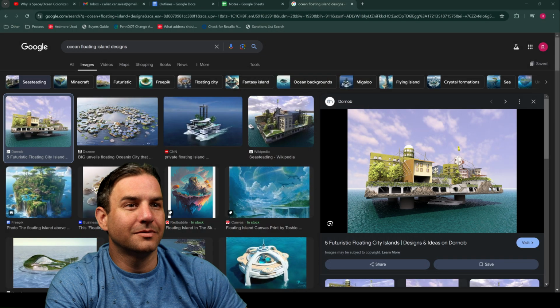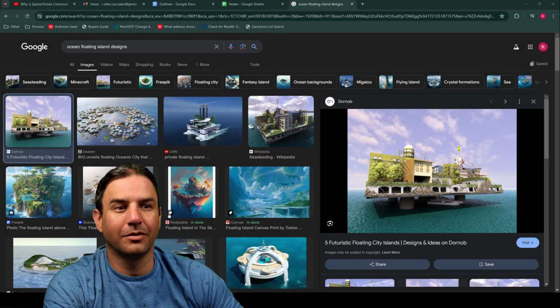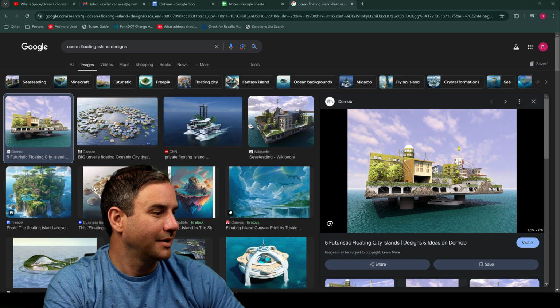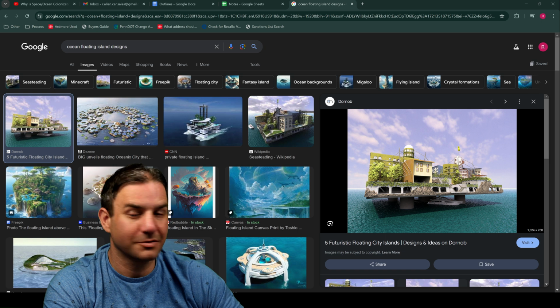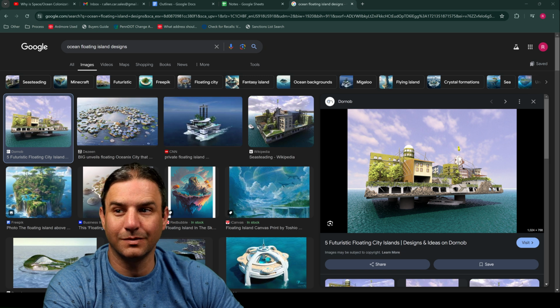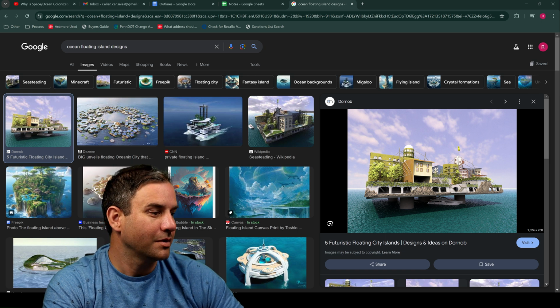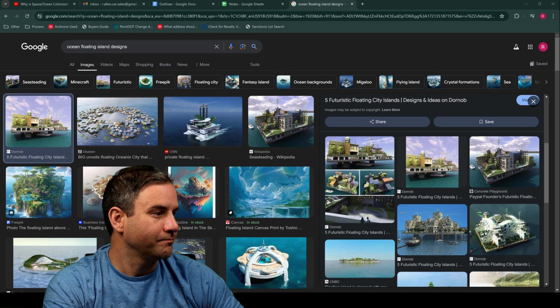Okay, and so I highlighted just the first one already, and I recognize this particular one. I can't remember the name, but I definitely remember seeing this around the Seasteading Institute years ago.